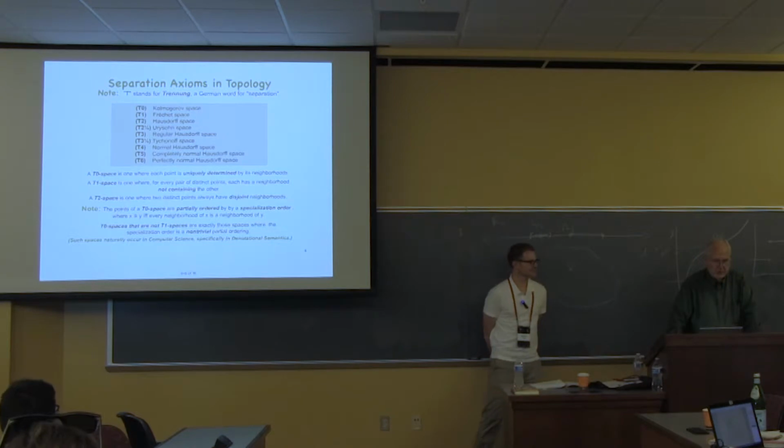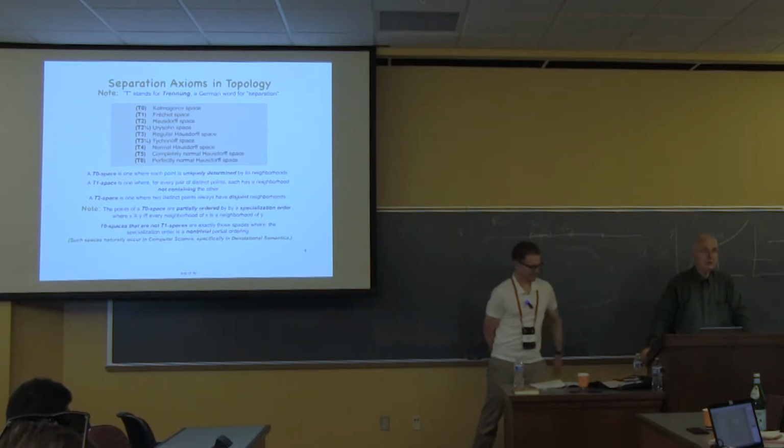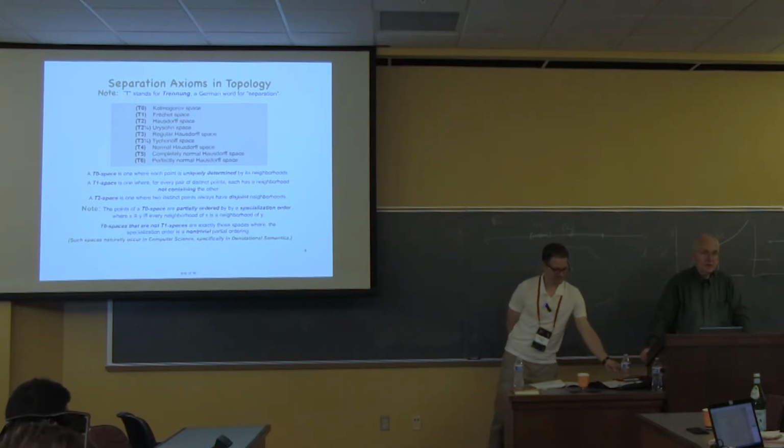Let's just look at the definitions. T0 means each point is uniquely determined by its neighborhoods. An example of a topological space is to take a very large collection of points and say I only have 2 open sets today, empty and everything. That's really a stupid topological space because you're not making any distinctions between the points, but it satisfies the conditions.